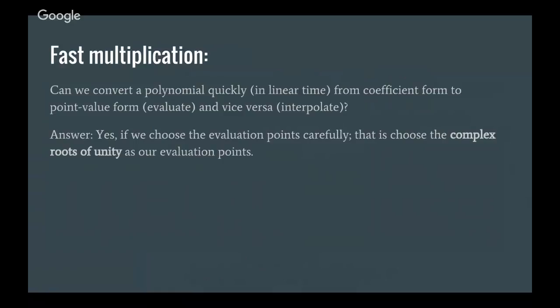Can we do this very quickly in linear time, from coefficient form to point value form? The answer is yes, if we are very strategic about choosing our evaluation points. In other words, we choose the complex roots of unity as our evaluation points.